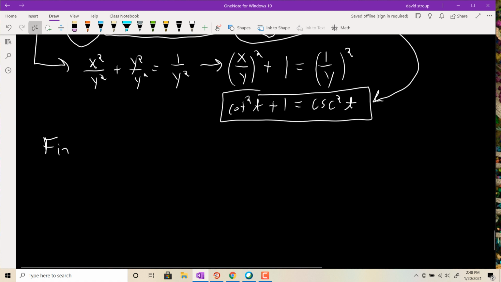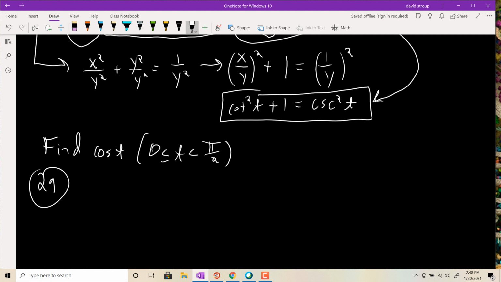We want to find the cosine of t, and in particular, we want this angle t to be between 0 and pi over 2, so 90 degrees. And we're given in this problem that sine of t equals 6 over 7.